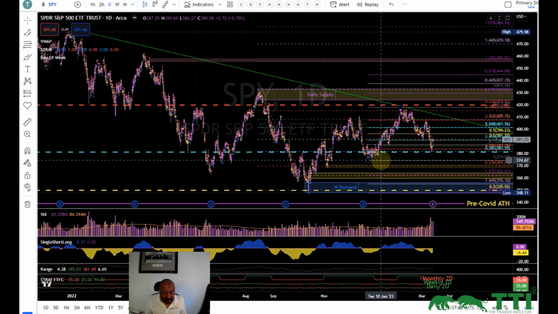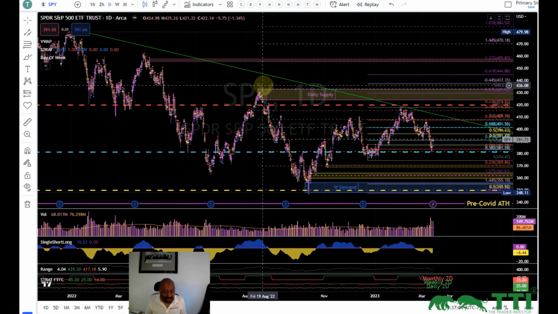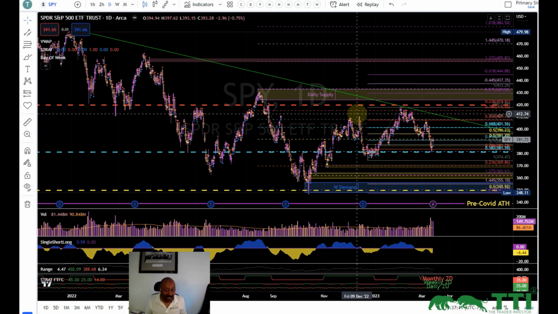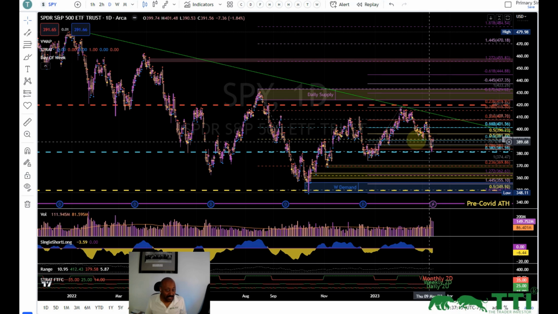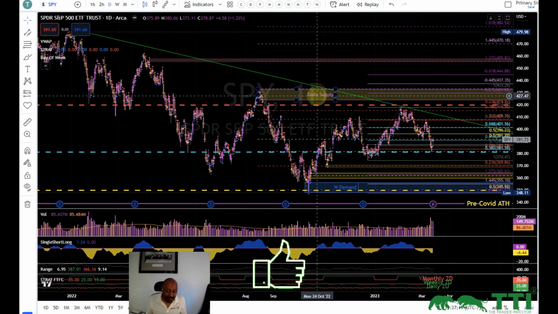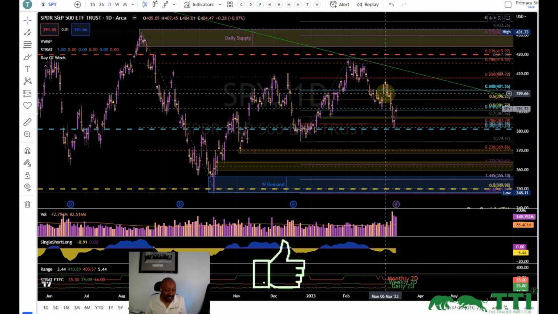We're continuously making higher lows. We haven't made significant higher highs, but from the lows in October, we're making higher highs and higher lows. We still have the August high to fight with. We still have this supply zone to fight with. So are we done with this downtrend? Not yet, until we clear this area.